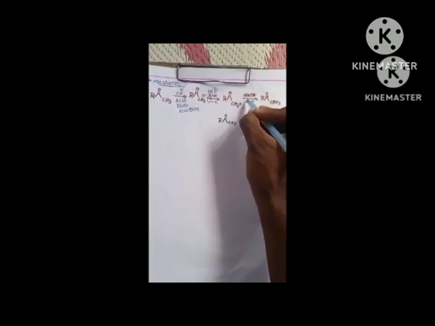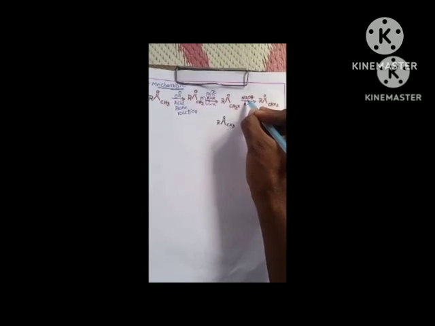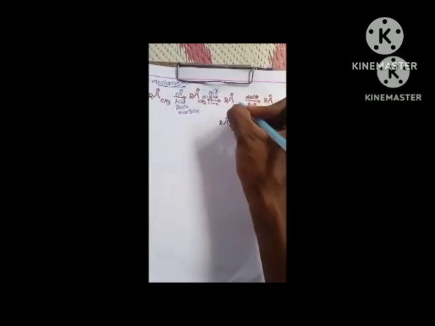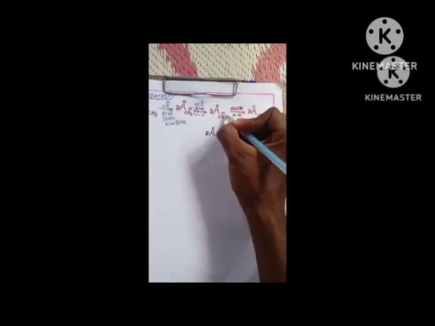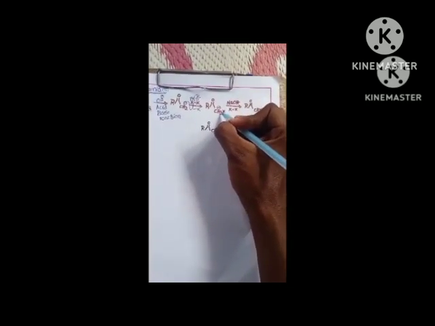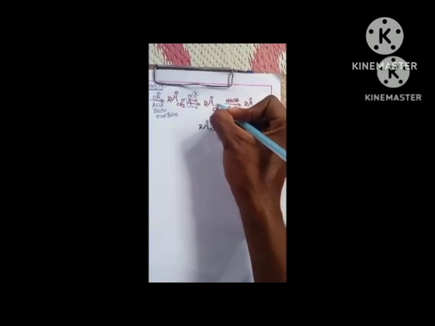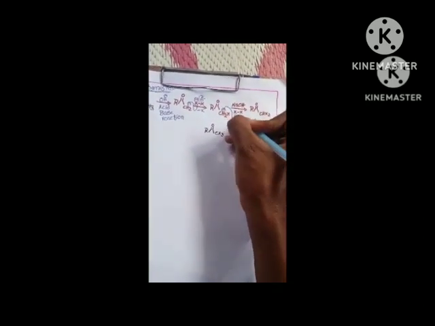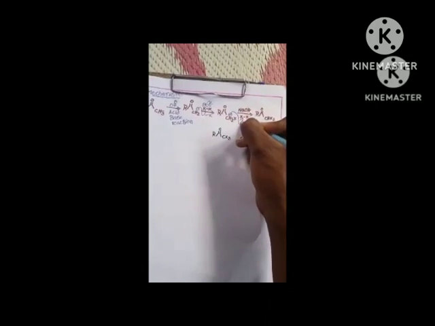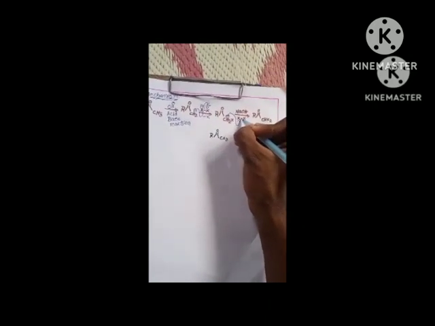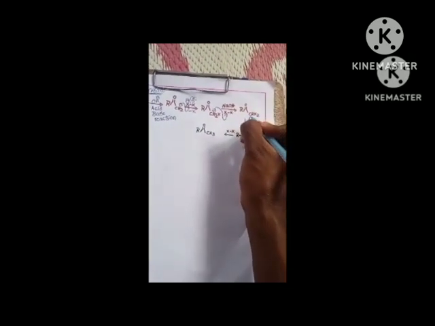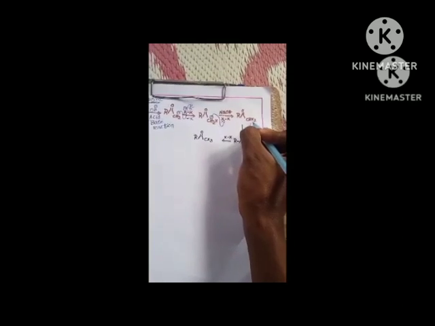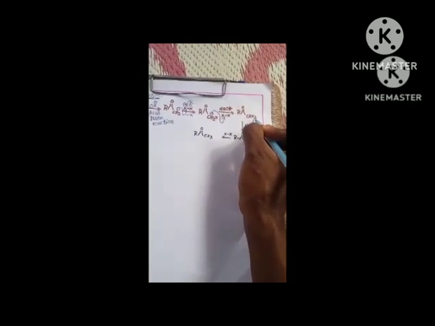Sodium hydroxide removes a proton, creating a negative charge which can undergo substitution with halogen. So another hydrogen gets replaced.